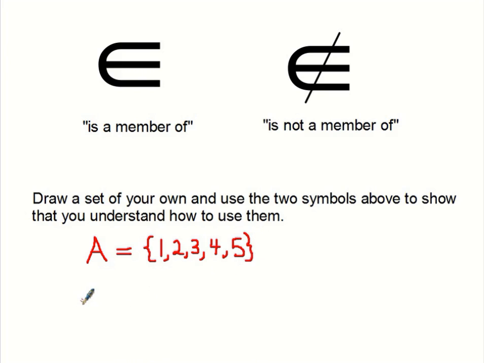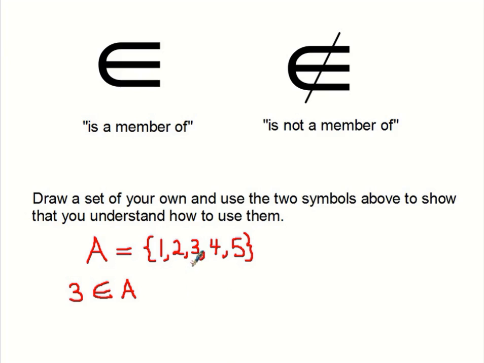And so I want to make a statement using my two symbols here: is a member of and is not a member of. So for example, if I said that 3, here's my symbol here, it's like a U with a line in the middle, 3 is an element of A, then that is found to be true, isn't it?